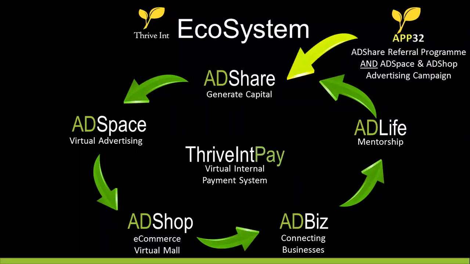So I just want to show you the ecosystem first, and then I'll go into the normal presentation of the Adshare system, and then back into App32 to show you how this is going to integrate into the current system. So our ecosystem is here where we've got the App32 program feeding the current Adshare program.